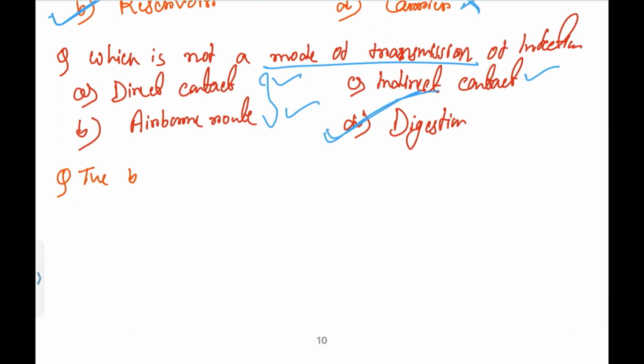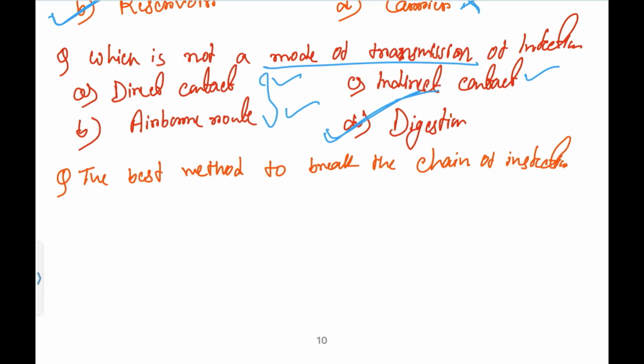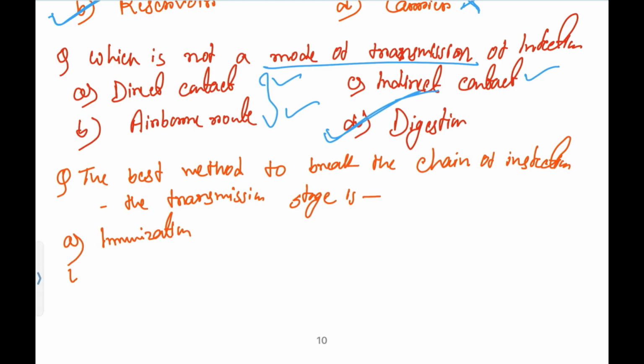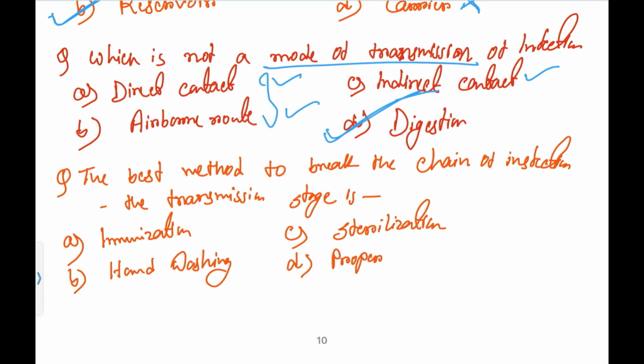Now coming to the next MCQ. The best method to break the chain of infection at the transmission stage is option A immunization, option B hand washing, option C sterilization, option D proper nutrition.